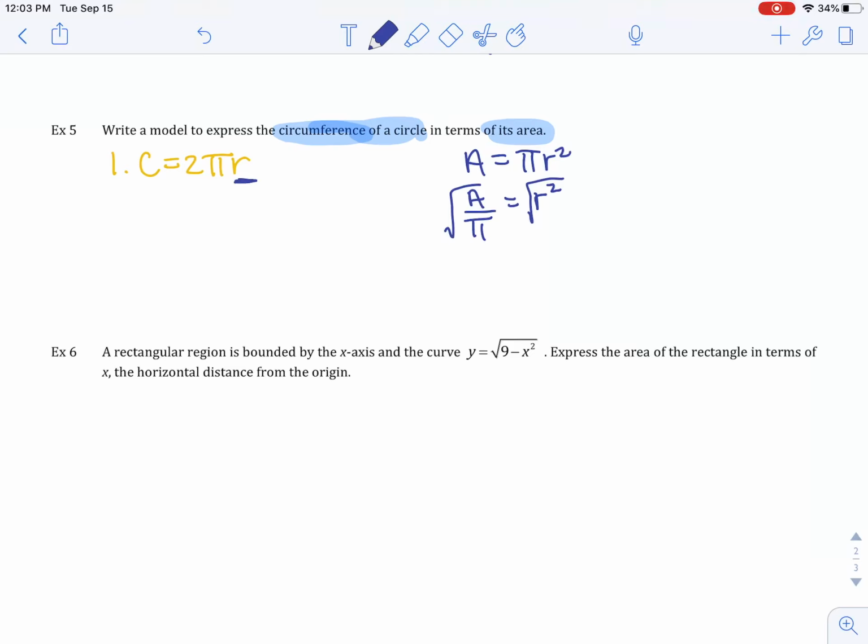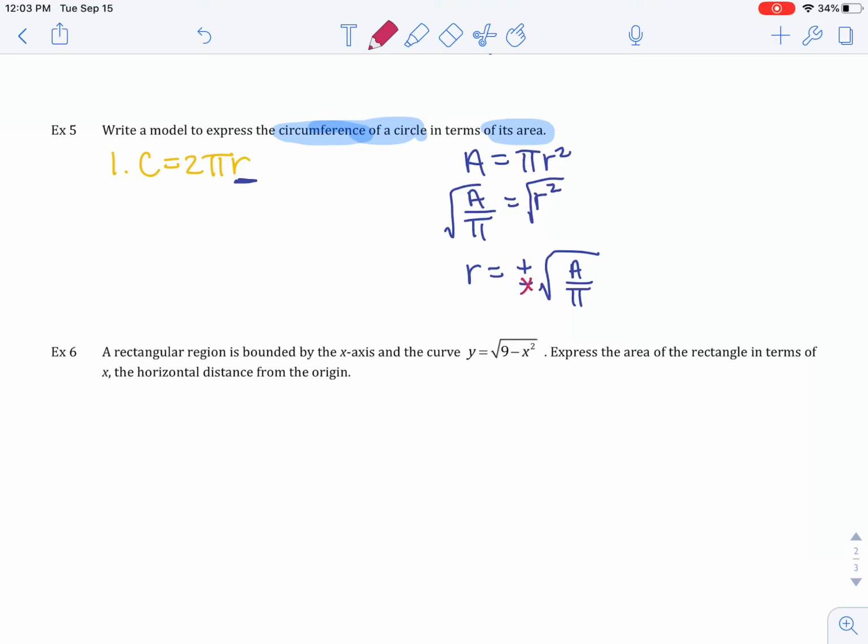And then what do we get here? R equals plus or minus, because you took the square root. So you have to make sure you have both sides. Now, you have to also make sure, does it actually make sense to have a radius that is negative? No, I've never heard of that.